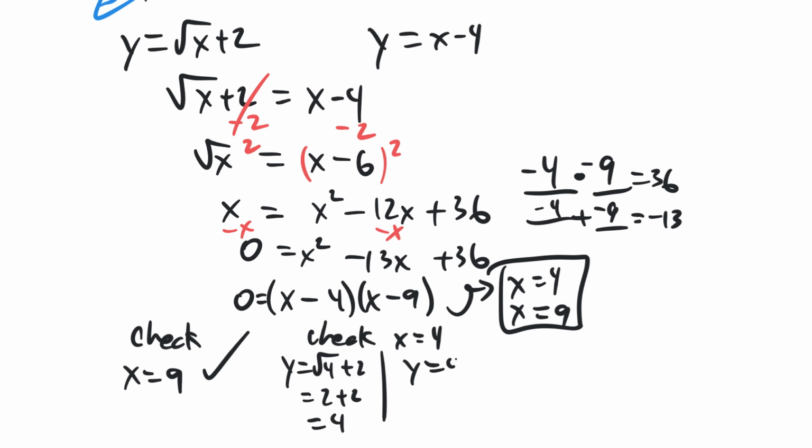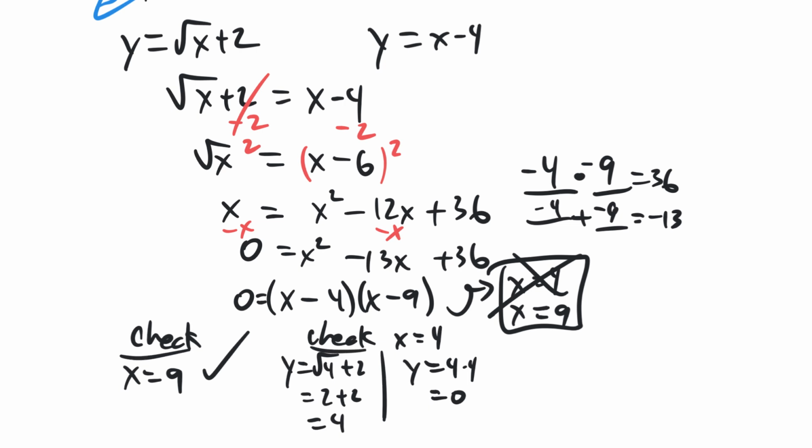On the other hand, you get y equals 4 minus 4, which is 0. And so this is not true. This is not one of the solutions. This is like an extra solution, an extraneous solution. It's not real, it doesn't exist. And I want to show you on Desmos kind of what this looks like. So the way you do it algebraically is you simply solve for x and then you check them both.